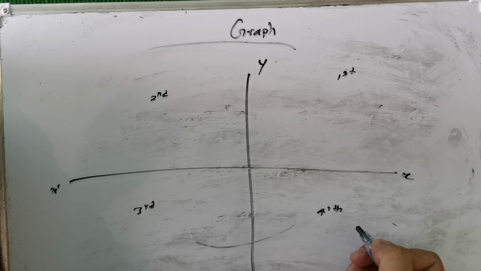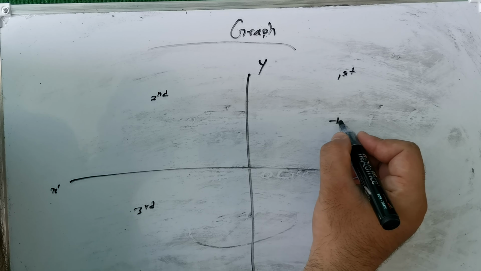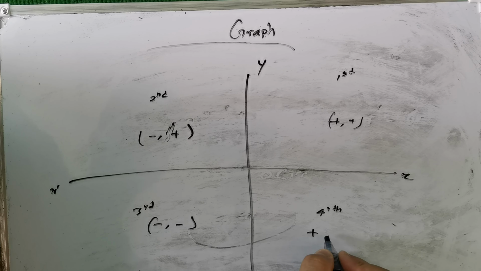In the first, both x and y are positive. In the second, x is negative, y positive. In the third, x negative, y negative. In the fourth, x positive, y negative.